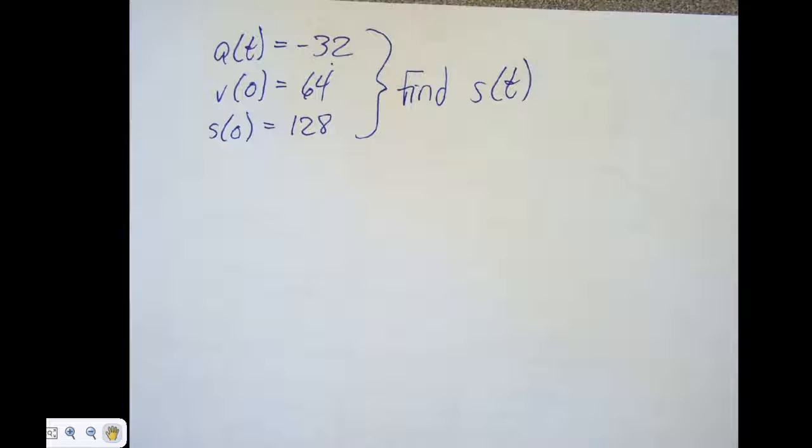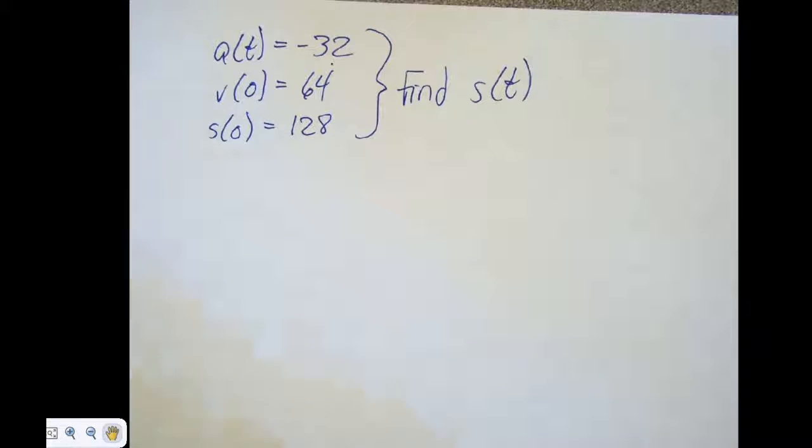This isn't the hard stuff either. So when you first integrate, you say v of t equals negative 32t plus C. Then you plug the 0 in and the 64 in: v of 0 equals 64.